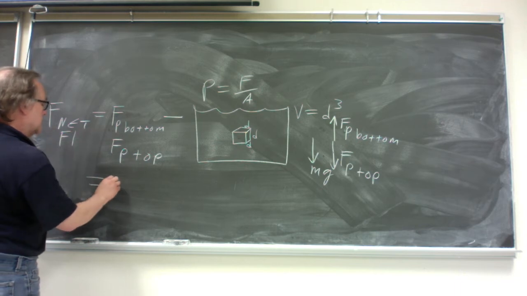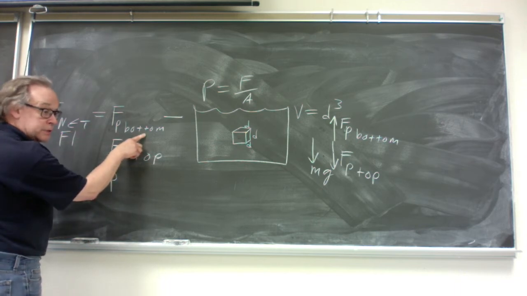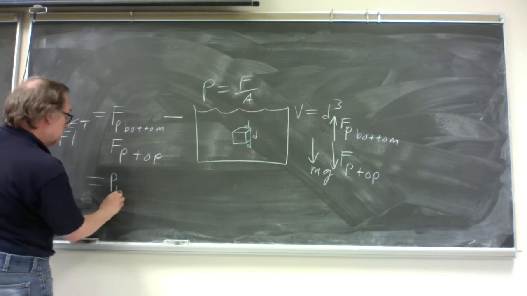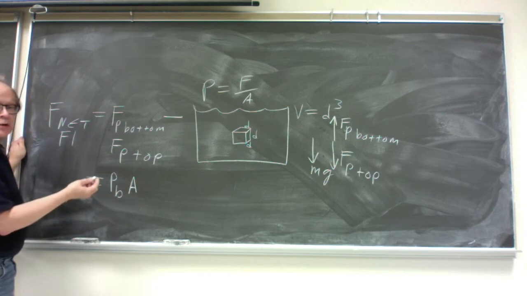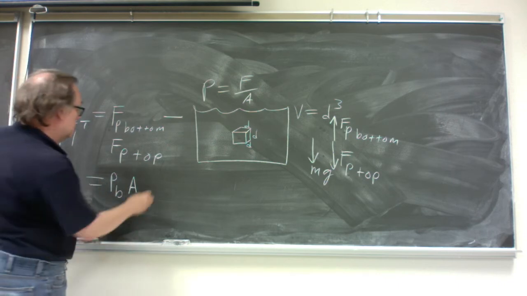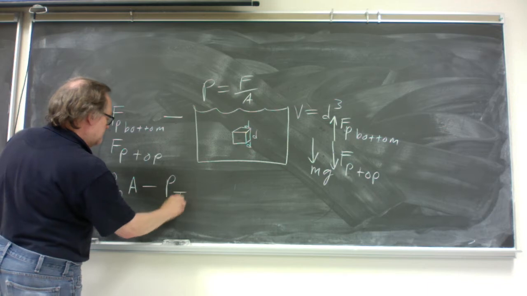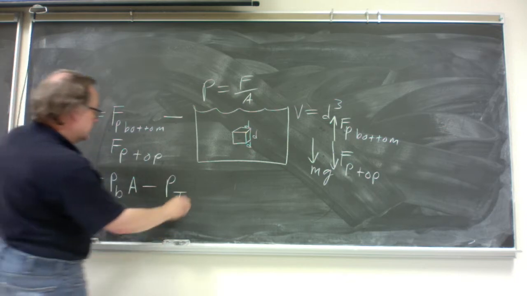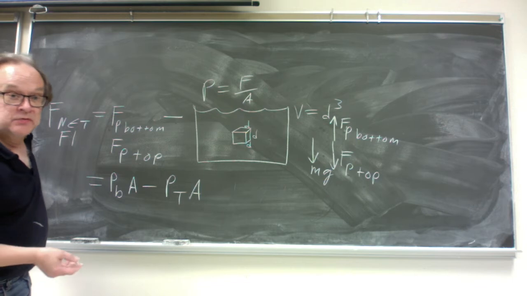This is just the pressure on the bottom side of the cube times the area of one side of the cube. That's just going to be d squared, minus pressure on the top side of the cube times the same area. It's a cube. All sides have the same area.